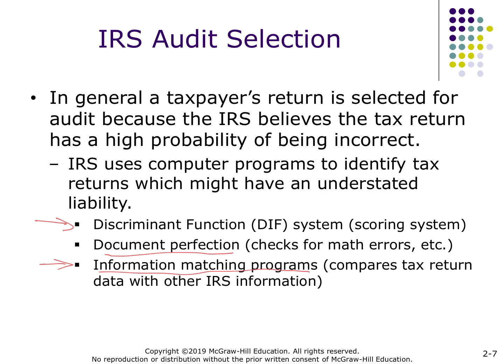This information matching system allows the IRS to look at UMSL's records, and I'm listed as an employee on UMSL's payroll tax records, and then the IRS knows to go looking for the UMSL W-2 in my tax return, okay? And if I were to leave that out, then they would send me a nice little note that says, hey, we noticed you didn't include the W-2 information for UMSL, okay? So that is the document matching program. It's pretty slick, really.